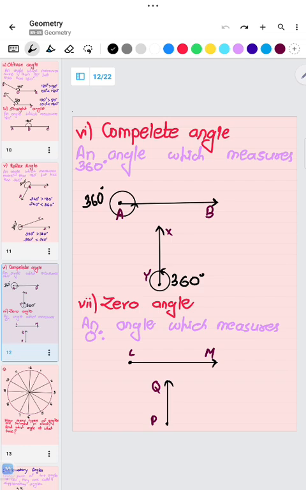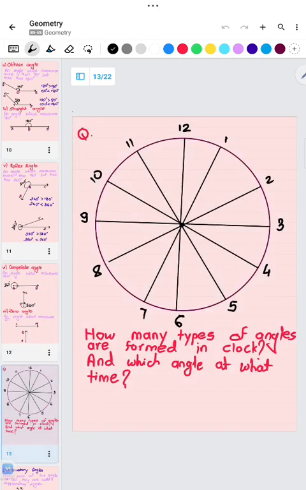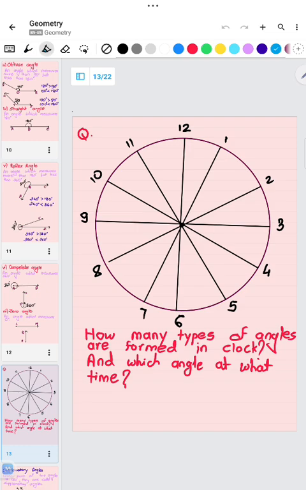I'm giving one complex example here also. Okay, our minute hand is at 12 o'clock and it is not moving, so it is zero angle. And if this angle is rotating and coming here itself on this, okay, then it is complete angle. If this is going towards 2 o'clock, then it is acute angle.